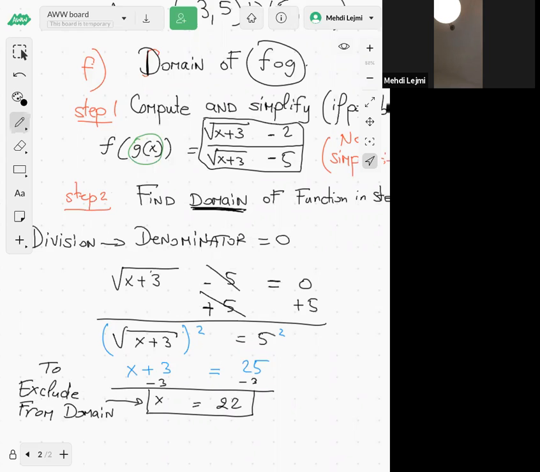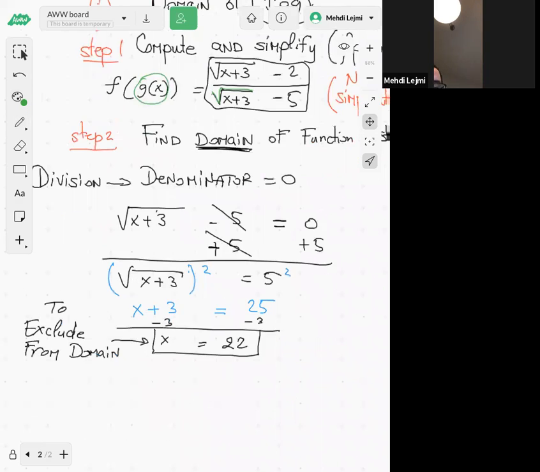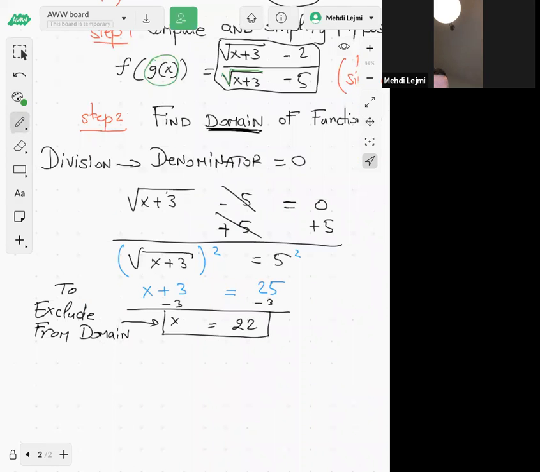Okay, now, we said there's this division and there is also a square root, as you can see. There's this square root here of x plus 3, and that's actually my function g. So there is a square root, so we have to solve, what's under the square root?